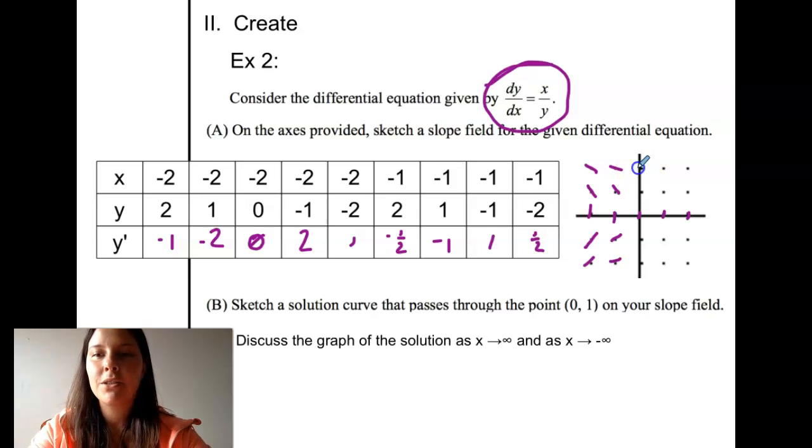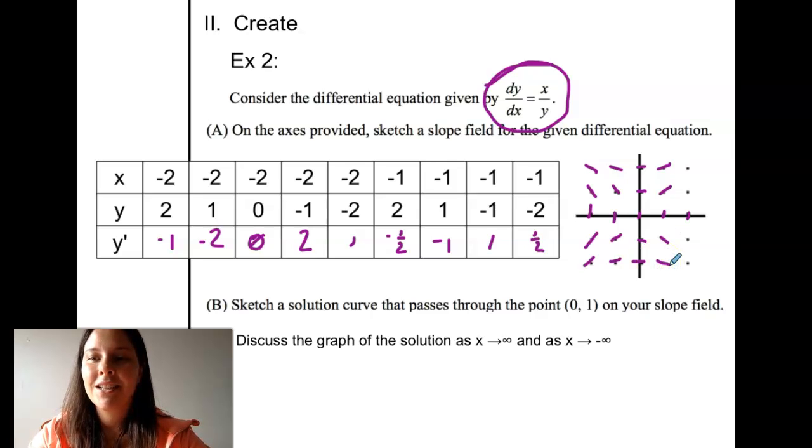So 0 divided by 2 gives us a slope of 0. 0 divided by 1 gives us a slope of 0. And same thing with those negative values. All right, so at 1, 2, 1 divided by 2 is 1/2. 1 divided by 1 is 1. 1 divided by negative 1 is negative 1. And 1 divided by negative 2 is negative 1/2.